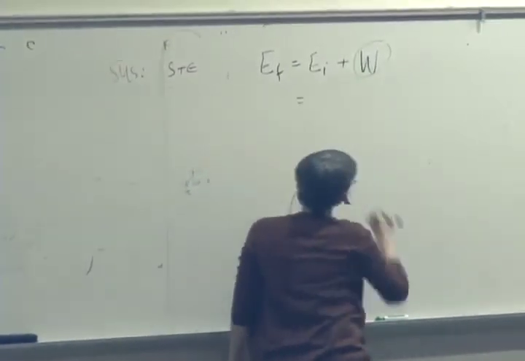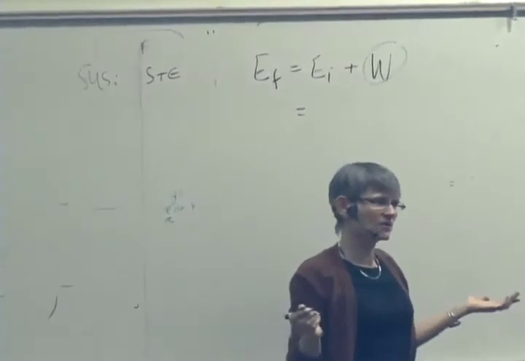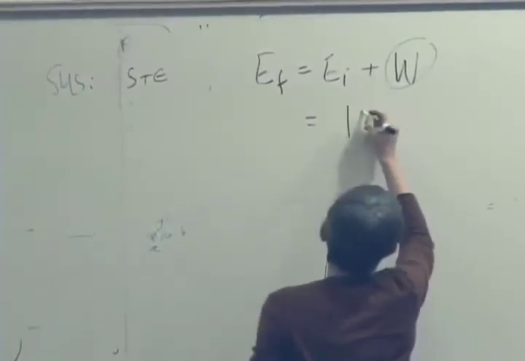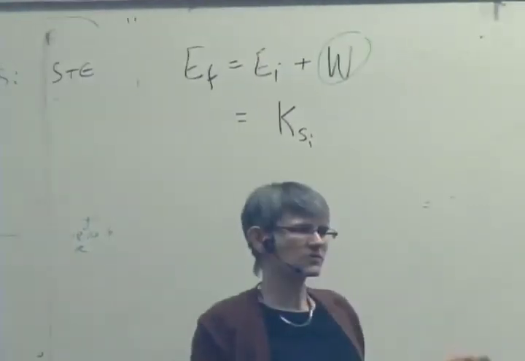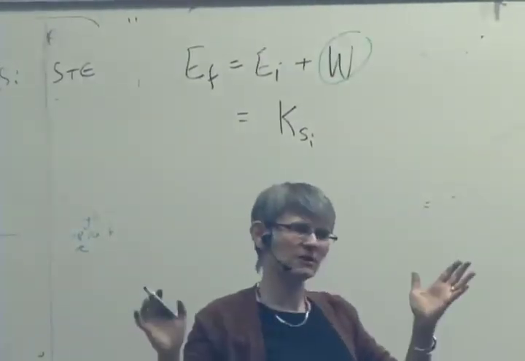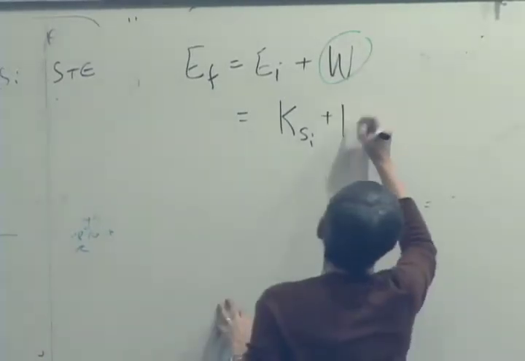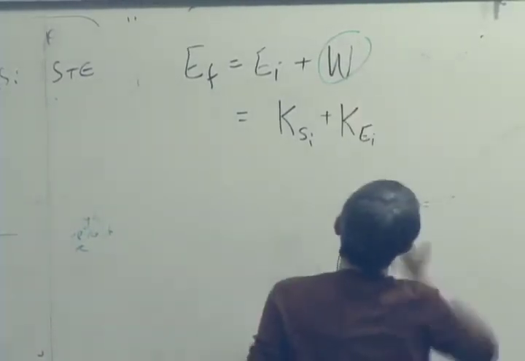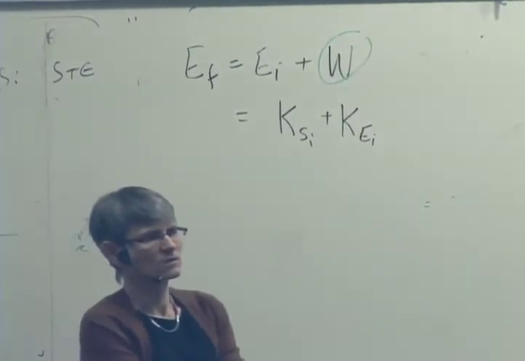So we have the initial state. The satellite has kinetic energy. We can be in a reference frame where we're at rest with respect to the Earth, so the Earth's kinetic energy is zero, but we can write it down anyway. What else goes in the initial state?